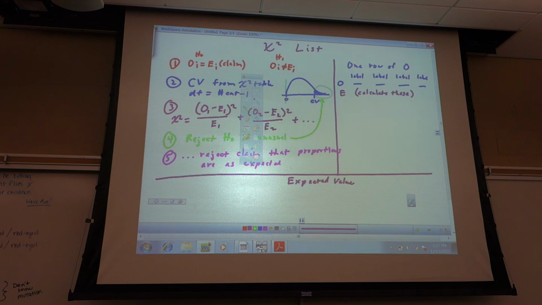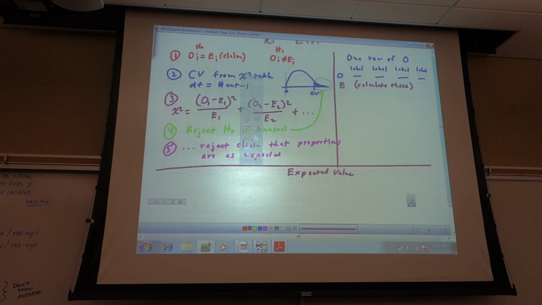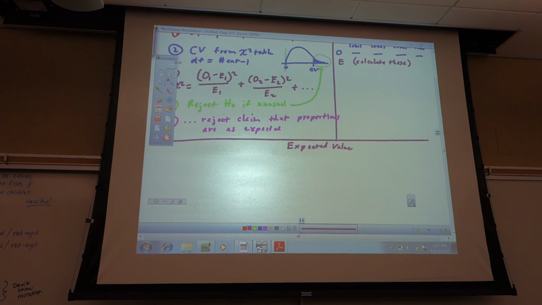I'm going to calculate those. How do I do that? Anybody remember? Well, sometimes they're written as percentages. Okay, there we go. So sometimes, hold on, let me write that down. So sometimes they're written as percentages. So the percentage in each category is given.